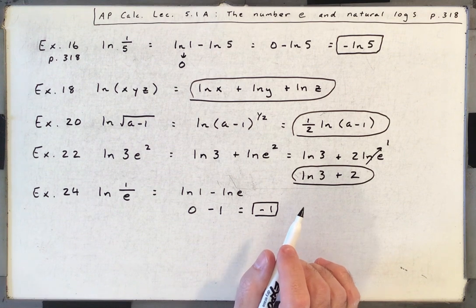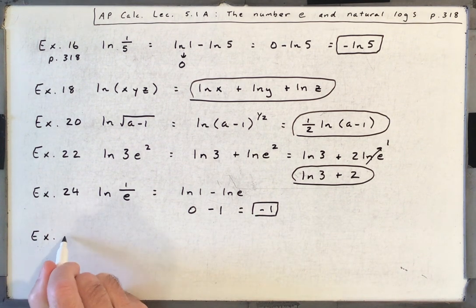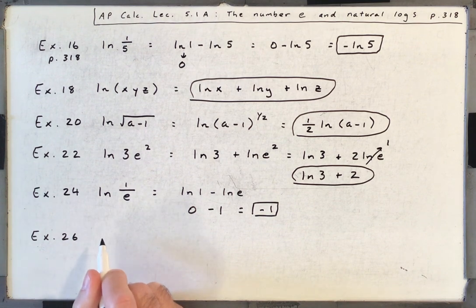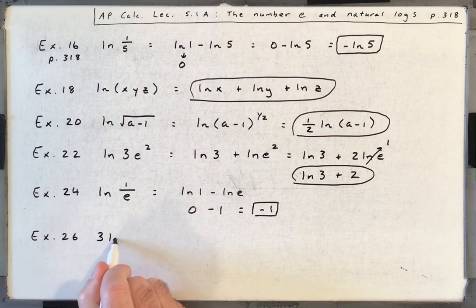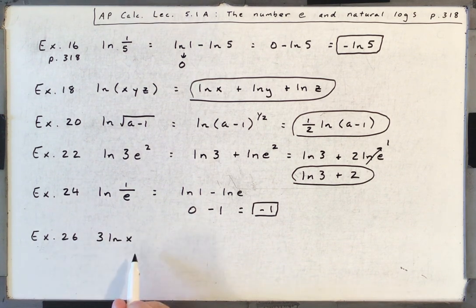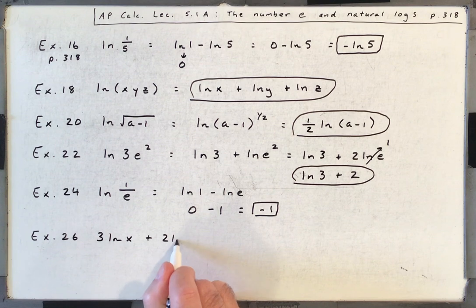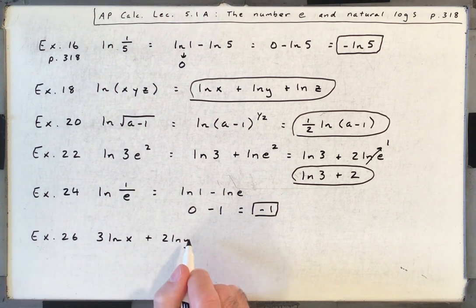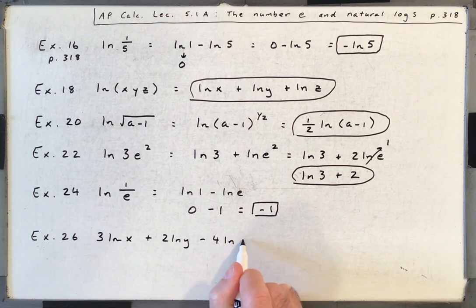Okay, let's take a look at number 26. I think I can put this in here without having to erase. So 26, we have 3 natural log of x. Now this time we have multiple logarithms. We want to combine them into a single log. Plus 2 natural log y minus 4 natural log z.